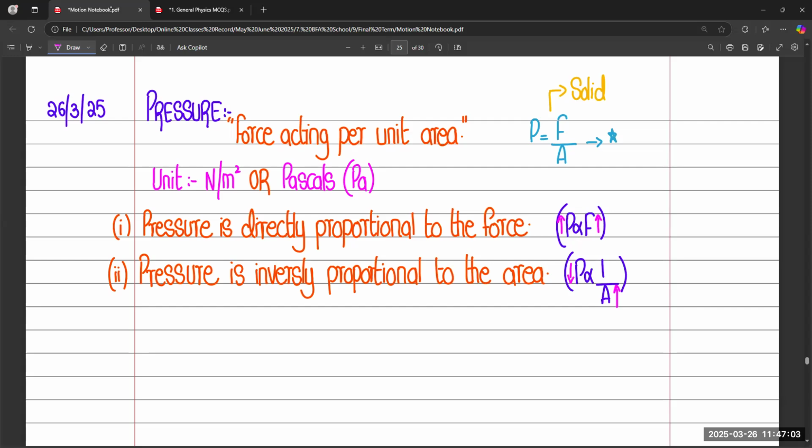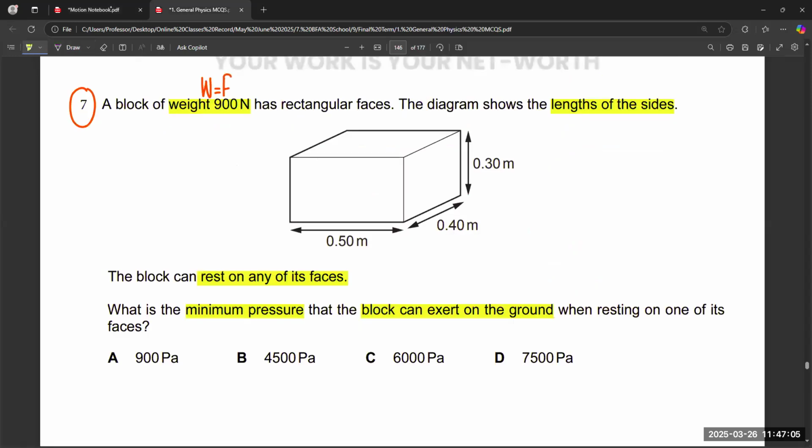And the question asks for minimum pressure. Minimum pressure means we have to select the smallest value. Smallest value of pressure means that the weight of the body remains the same, or we can say the force remains the same, because only one value of force is given in the question.